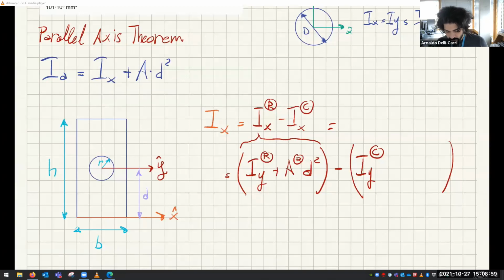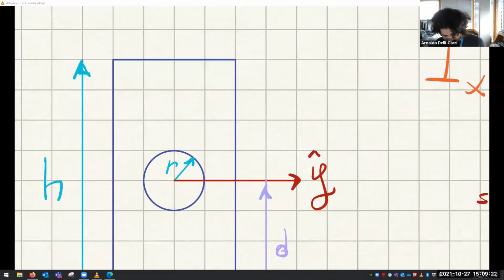So Iy of the circle, so I of the circle with respect to this y-axis, plus the area of the circle times the same distance squared. Now this d squared is the same for both. This d and this d are the same because both the rectangle and the circle have the centroid at the same point. So the centroid is here for all of them.